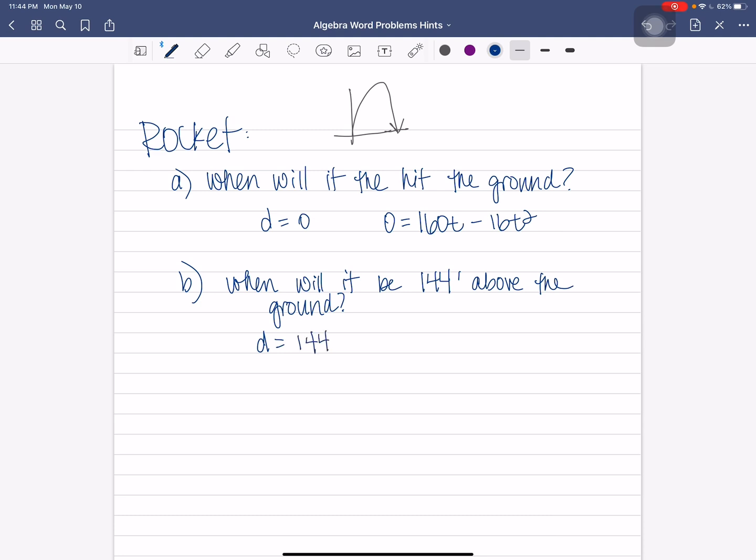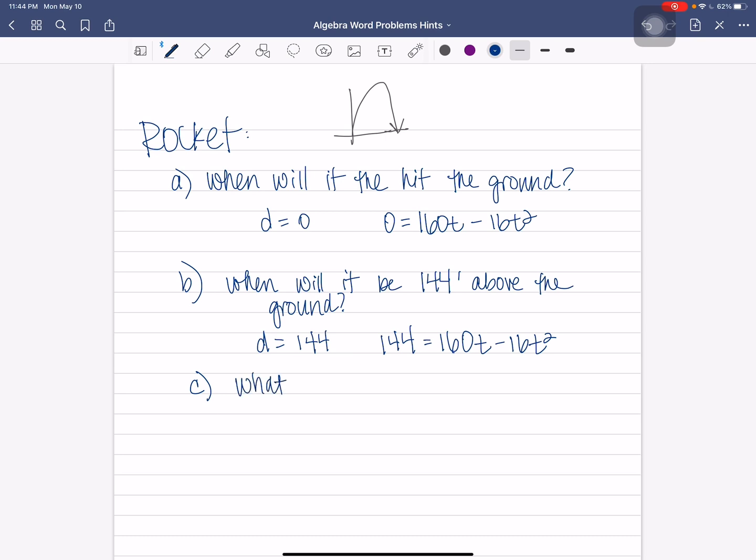And again, you just solve the equation again, but you plug in 144 where D is. So 144 equals 160t minus 16t squared. And then you go through and solve it very similar to the one that we did in class.